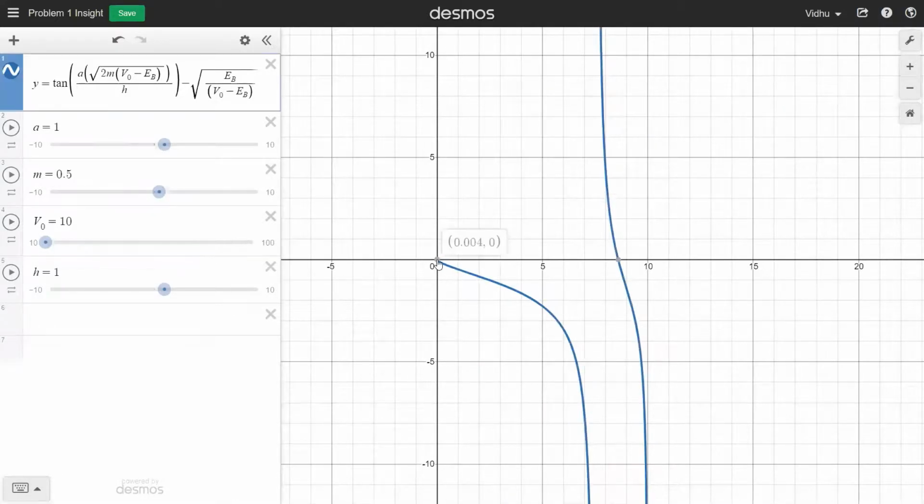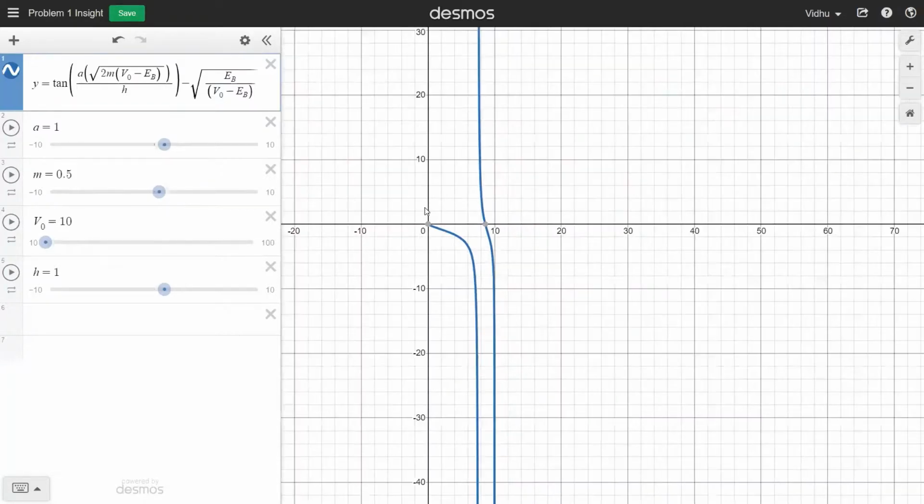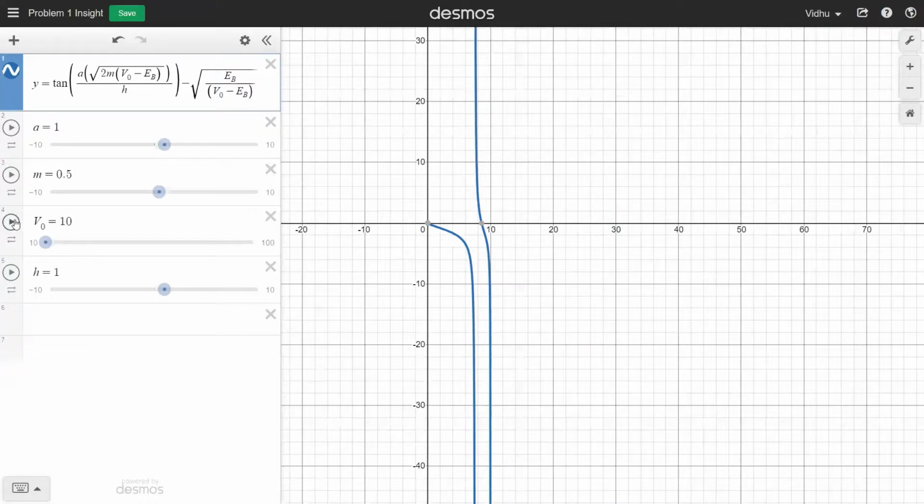We found we had 0.004 as one of the eigenvalues, and you had an 8.593. Now let me just decrease the size of this.